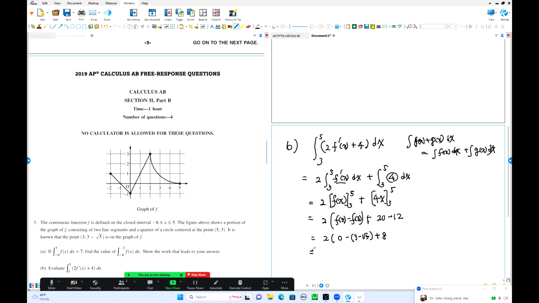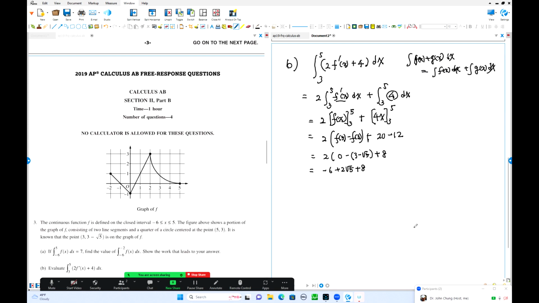So negative 3 times 2 is negative 6, negative of negative is positive, so square root 5 plus 2 square root 5, plus 8. Now when you simplify, 8 minus 6 is 2. It's going to be 2 plus 2 square root 5, the answer. That's the value of the integral, okay?